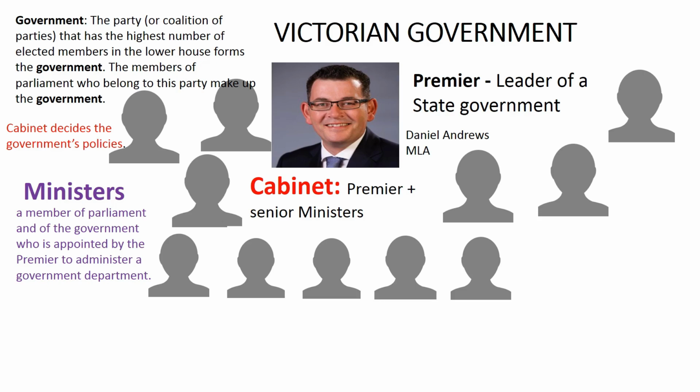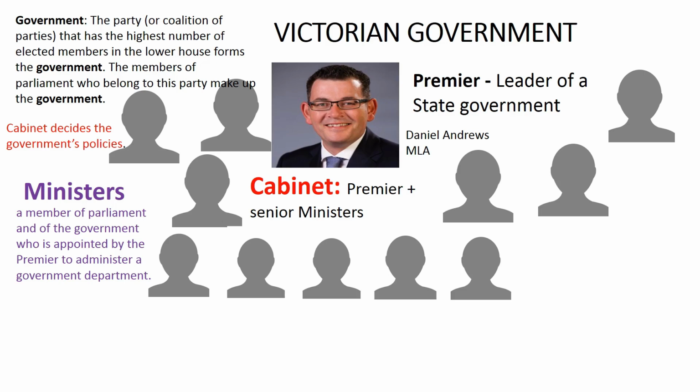Now again, we've defined Cabinet before at the federal level. We said that at the federal level, the Cabinet is the Prime Minister and the senior ministers chosen by the Prime Minister. Well, I want you to find the definition of Cabinet in your vocabulary sheets and now add to that definition. And what I want you to add is the following.